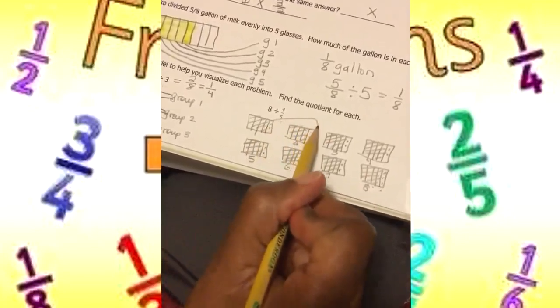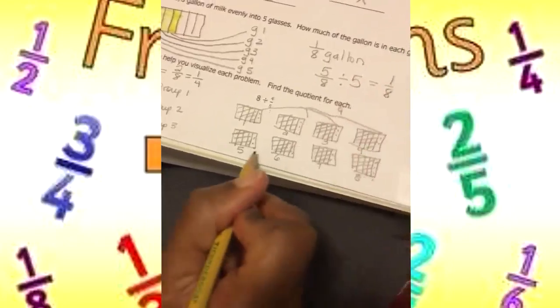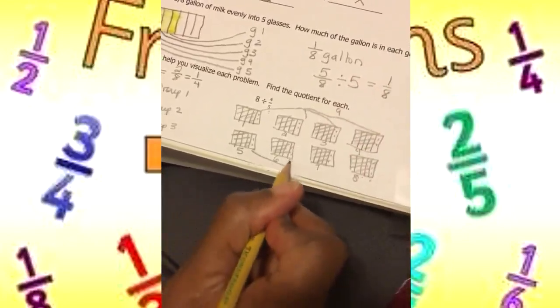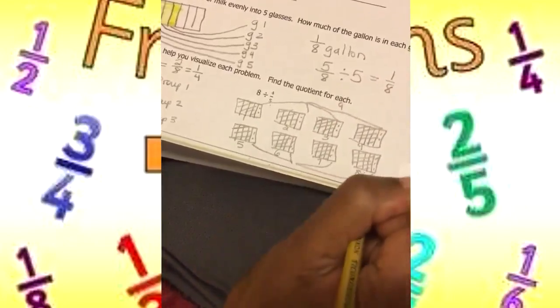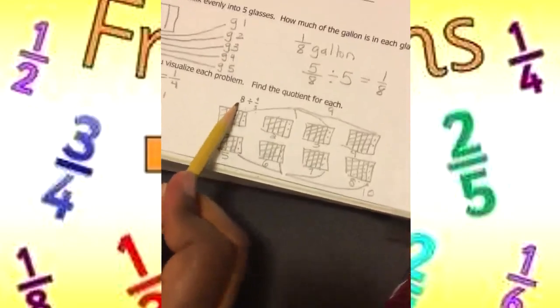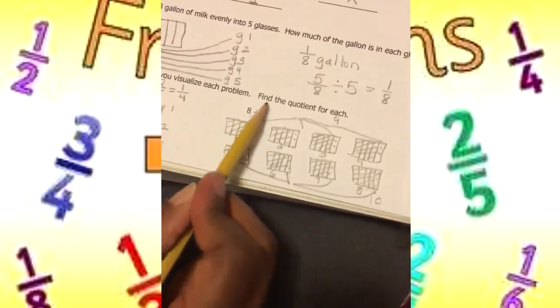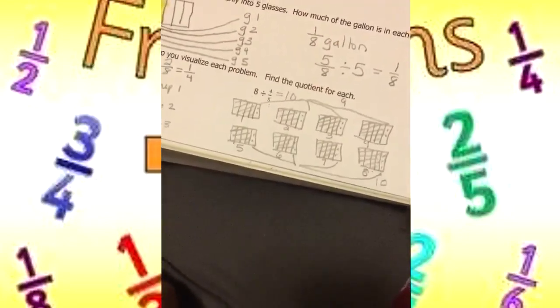These 4 combine to make group number 9. And then these 4 combine to make group number 10. So going back to the problem, 8 divided into groups that contain 4/5 is equal to 10. That's it, and we are done.